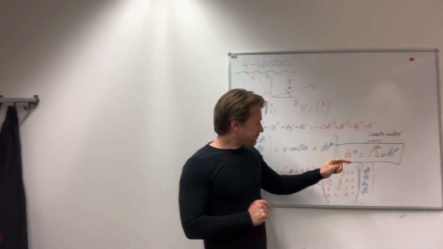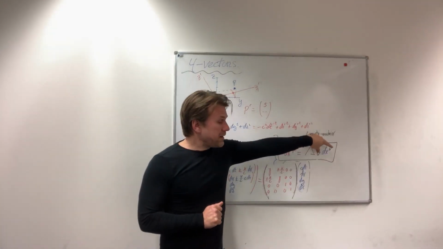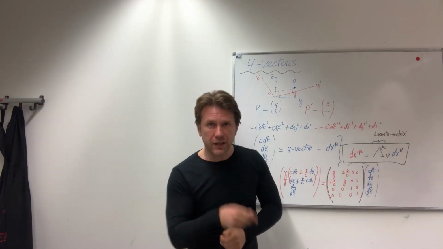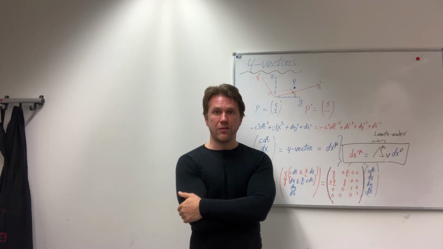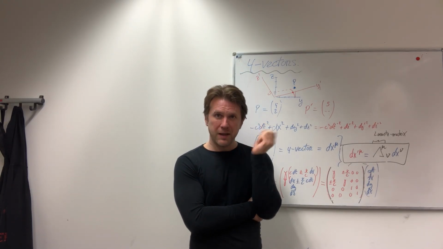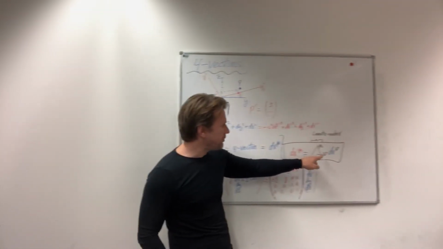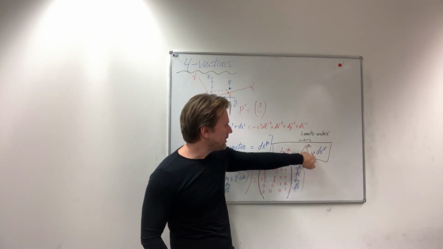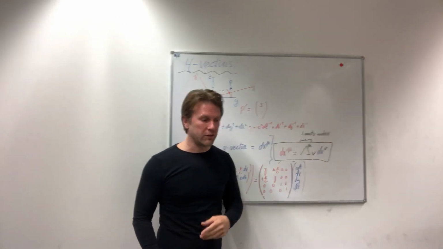So this particular combination is just a shorthand for matrix multiplication, and in this context we call it a contraction. Don't worry about the words, there's nothing new there. Again, it's just matrix multiplication, but written in 4 vector notation with the up index and the down index. We call this a contraction.